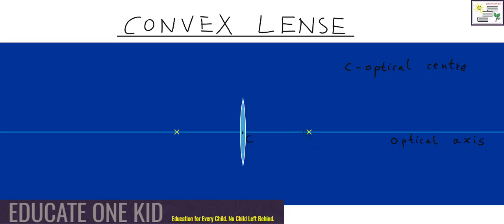Now, this point here with a cross, this is what's known as the principal focus, and we give it the letter F. So F stands for principal focus.